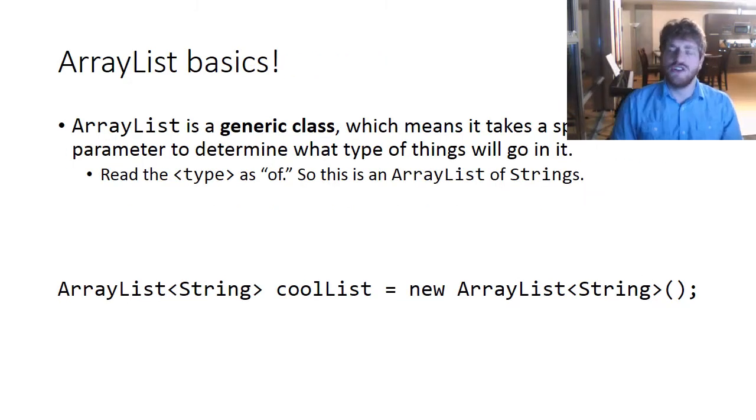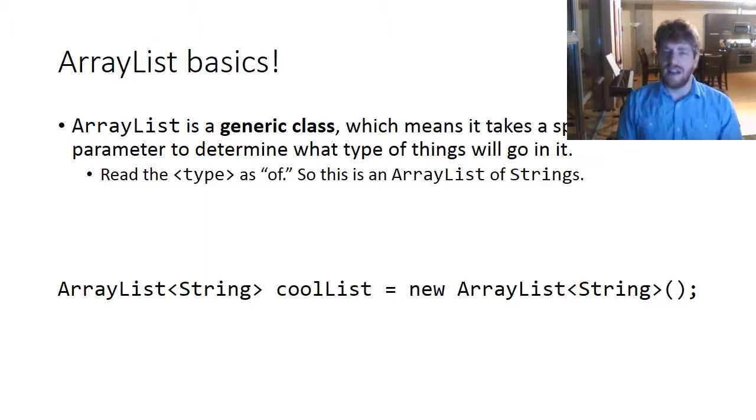ArrayList is what's called a generic class, which means that it takes a special parameter to determine what types of things will go in it. Now you can read the angle braces as the word "of." So we would read this particular array list as an array list of strings.